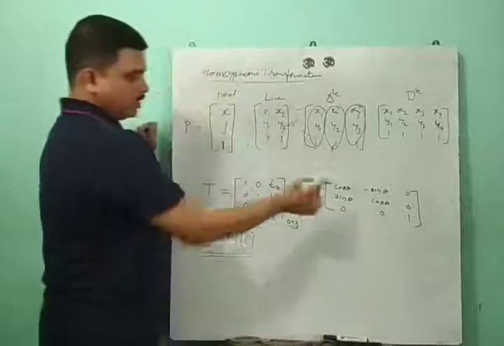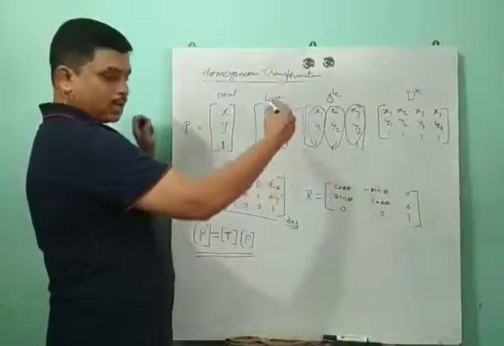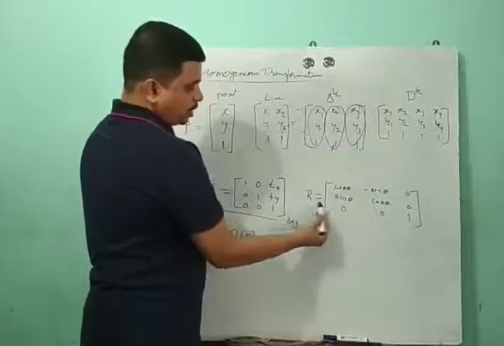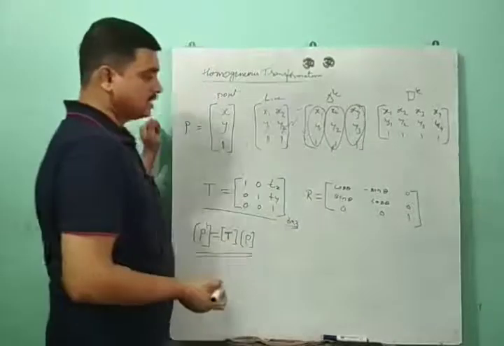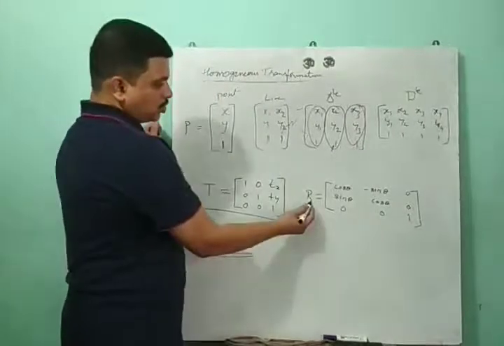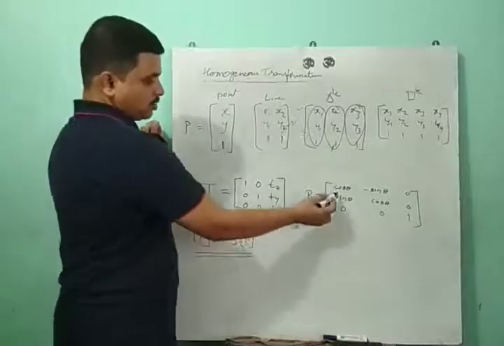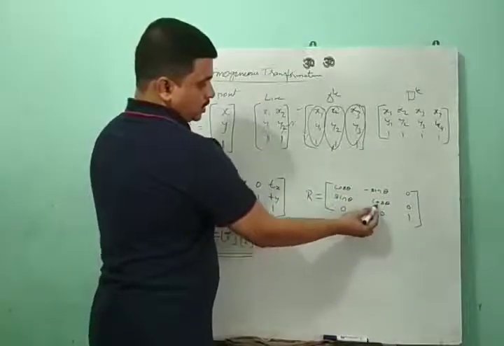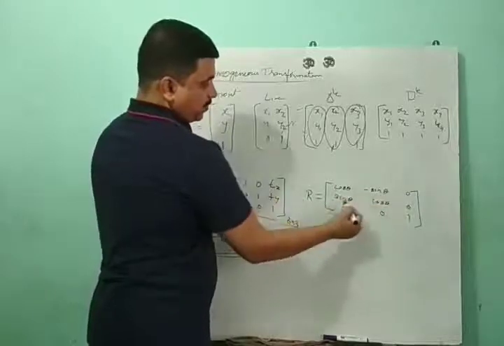And remember, this is for anti-clockwise direction when the point is rotated about the origin by an angle theta. And the homogeneous transformation matrix is R is equal to cos theta, minus sin theta, sin theta, cos theta. This is the initial one, original one.